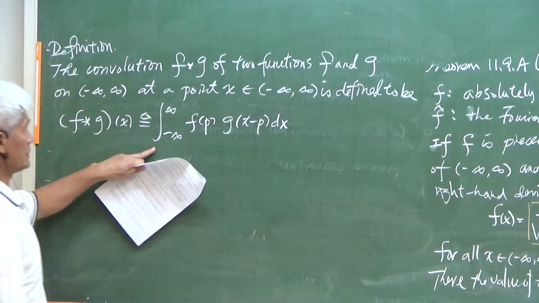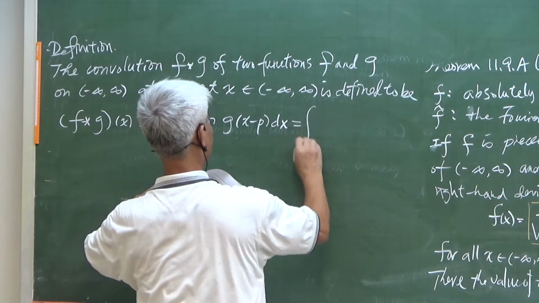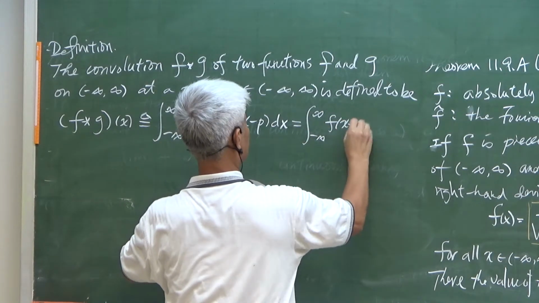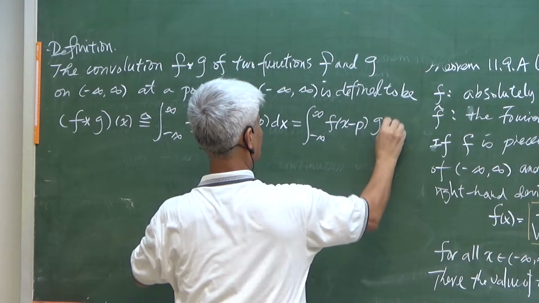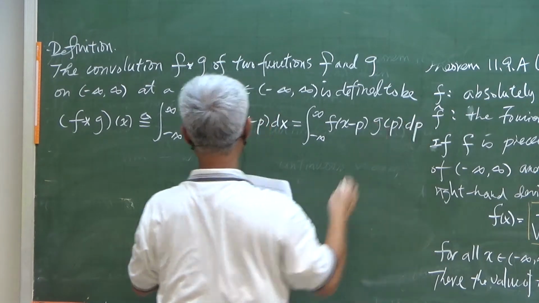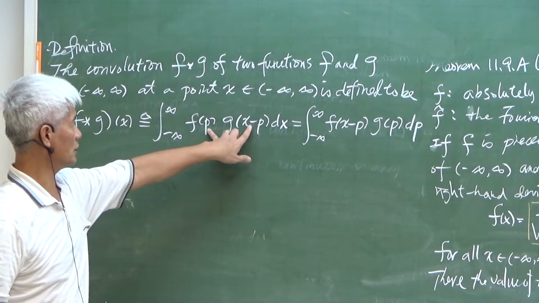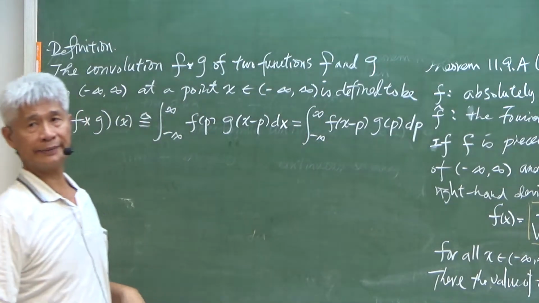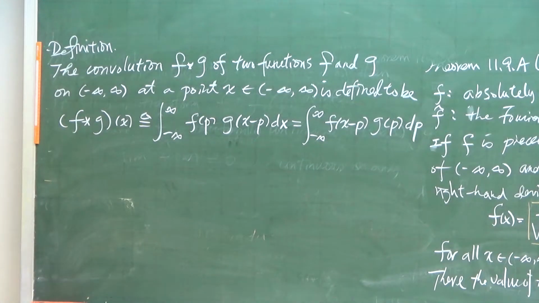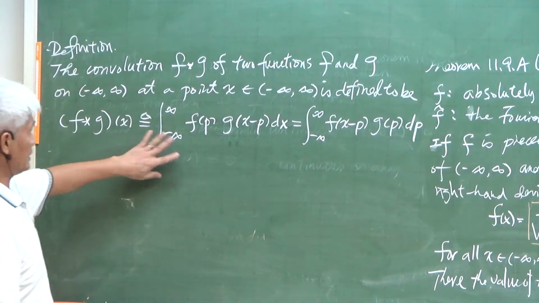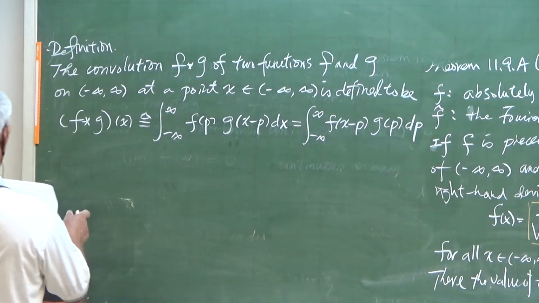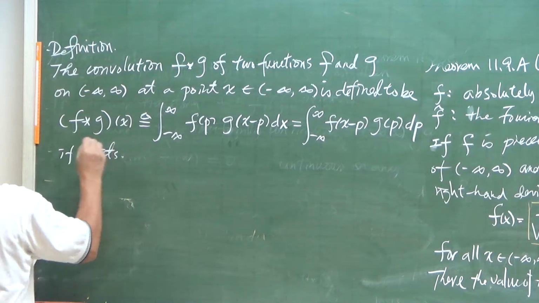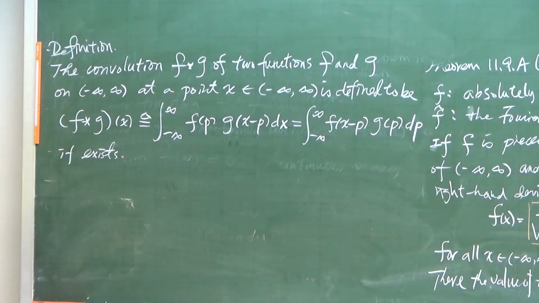If this integral exists, you can show very easily by a change of variable that we can exchange the arguments here. It's very simple, just by change of variable. Okay, this is the convolution.